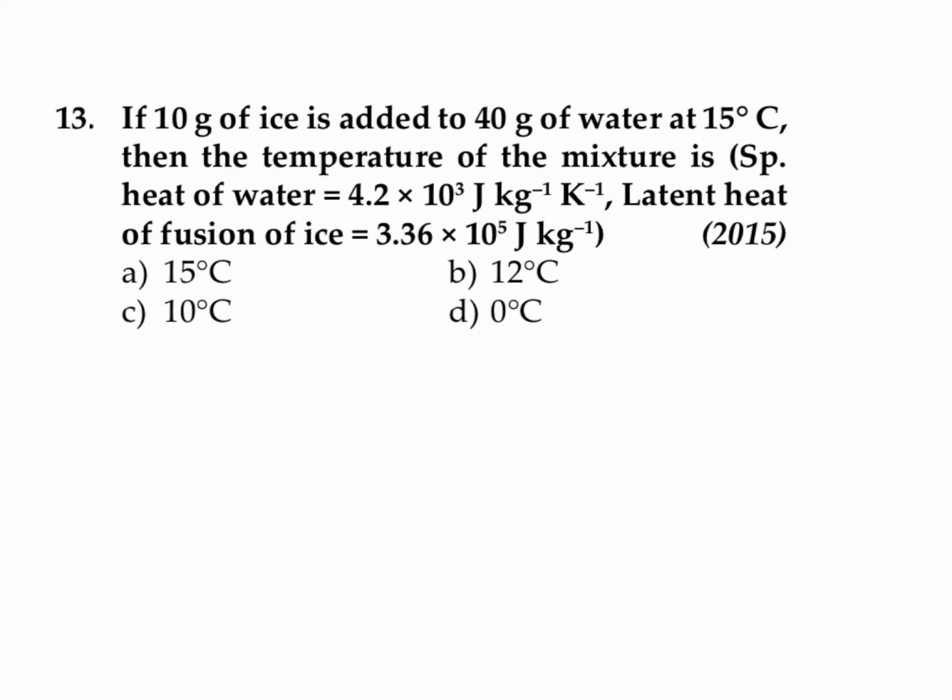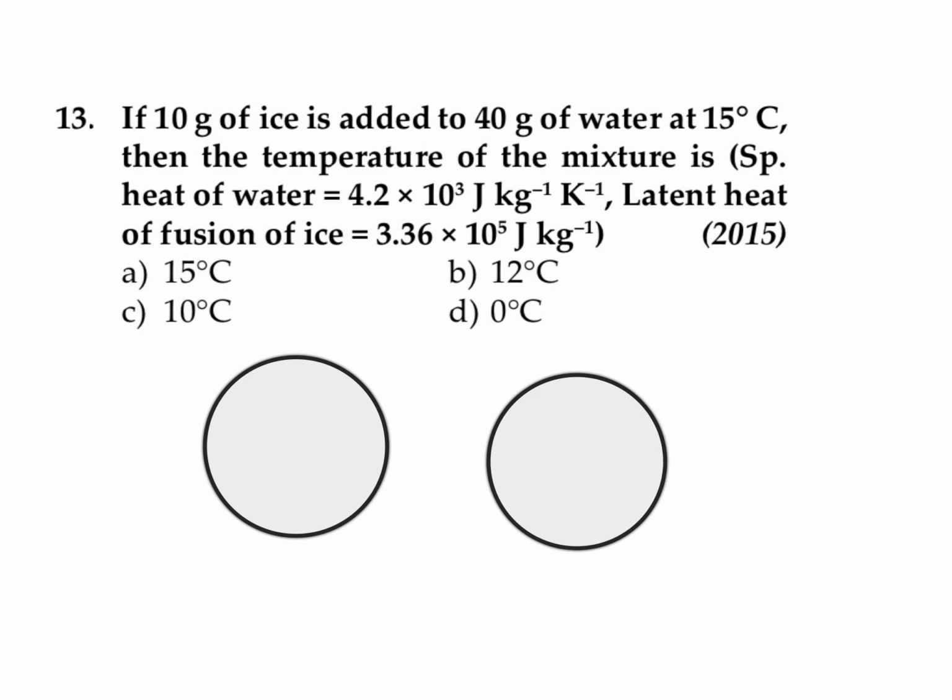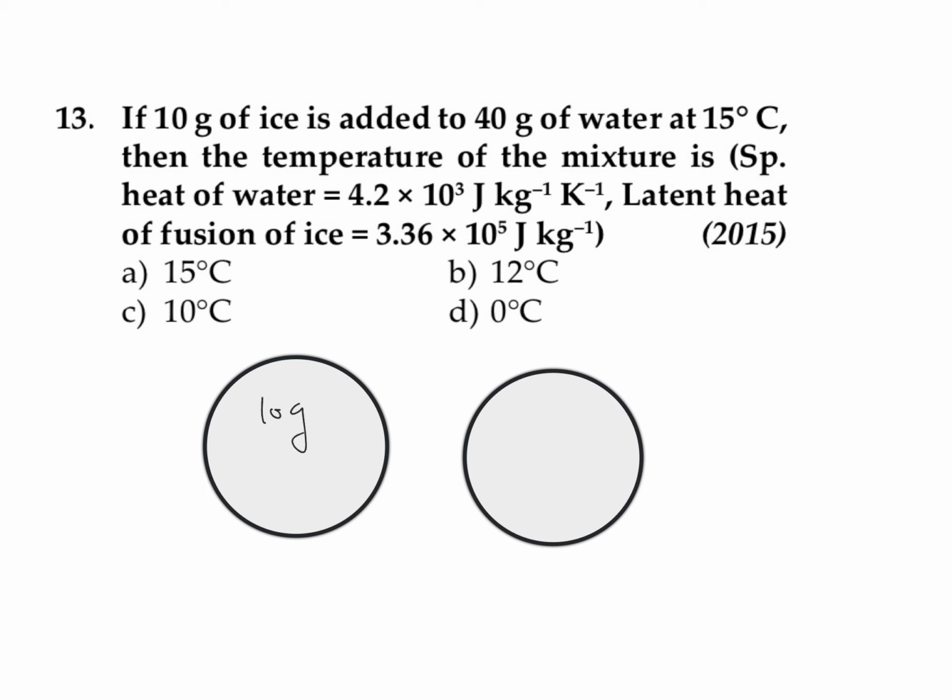So over here we are mixing 10 gram of ice and 40 gram of water at 15 degrees Celsius. We can consider it as a mixture of 10 gram of ice at, let's say, 0 degrees Celsius, and 40 gram of water at 15 degrees Celsius.